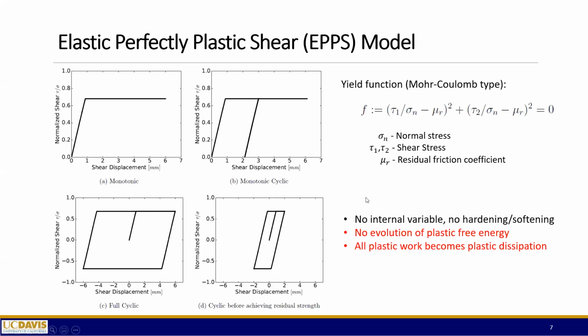As we can see here, there is no internal variable, which means there's no hardening or softening happening in this model. If you remember from our earlier lectures, we established that the plastic free energy is physically related to the evolution of the material microstructure, and the microstructure of your material is usually modeled as the evolution of the internal variables, or the hardening and softening laws.